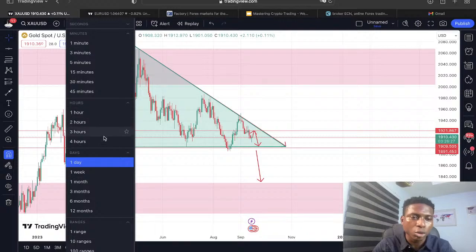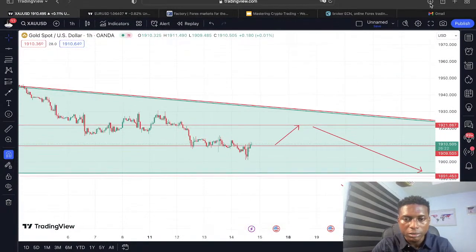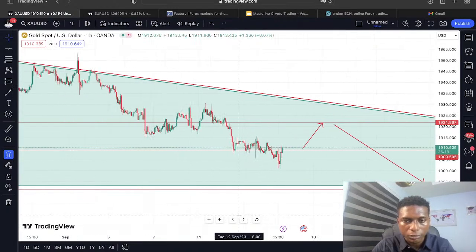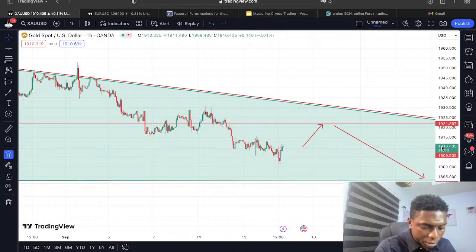However, you can also short on the lower time frame. Definitely you want to put together your risk management. Your risk management is very important.